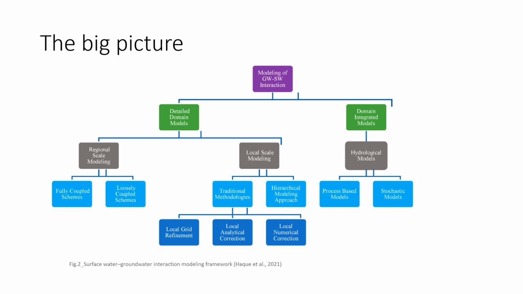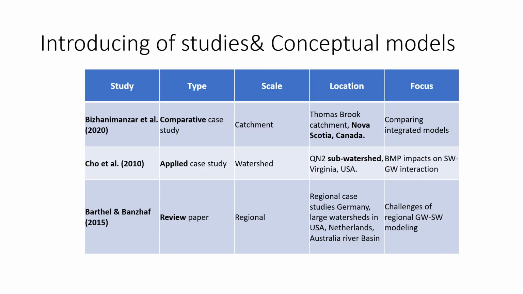We can also see that the modeling of groundwater and surface water interaction is mainly based on hydrologic model scale, local scale modeling, and regional scale modeling. To cover all of them, I chose these three papers, because all of them have a different scale focus.